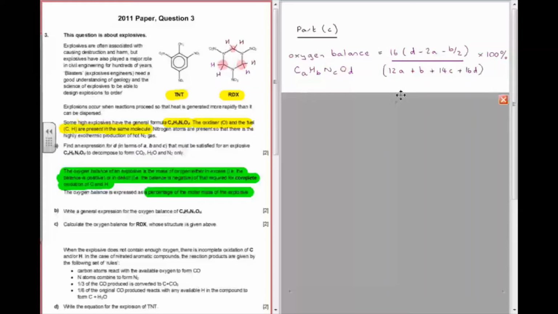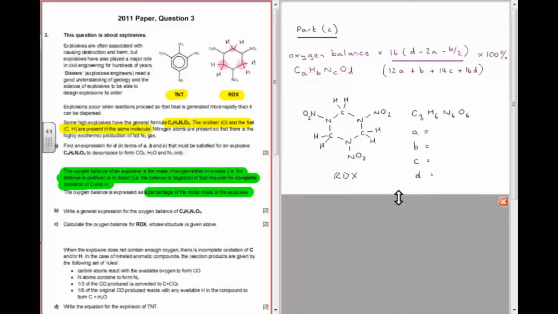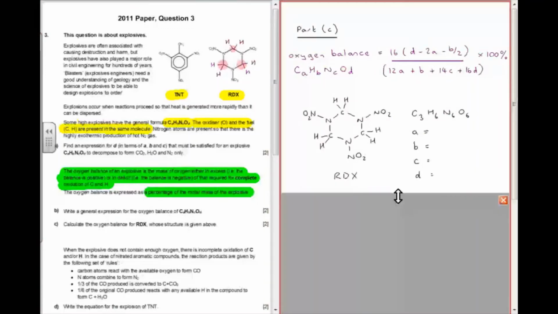If we do this, we can determine the molecular formula of RDX as C3H6N6O6. So in order to substitute these values into our equation from part B, we can say that A is equal to 3, B is equal to 6, C is equal to 6 and D is equal to 6.